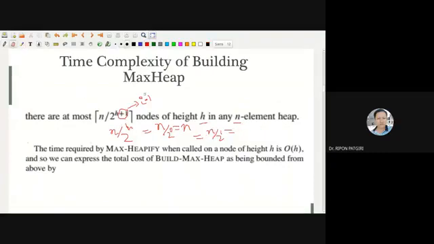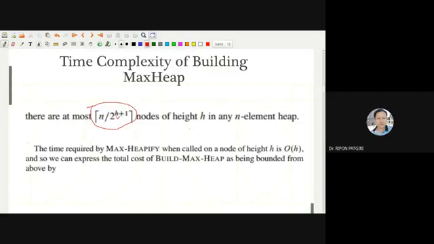Okay. So here the theorem is there are at most n. You have to understand how many nodes are there at height h. In height h, how many nodes are there?